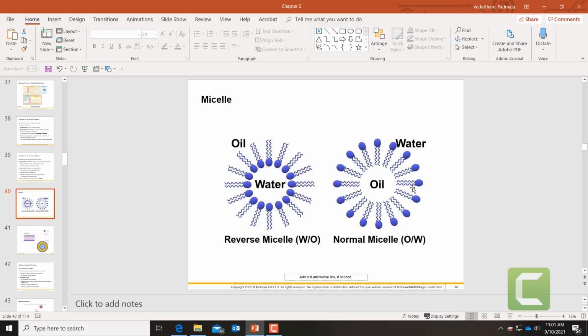These can orient themselves towards oil. If you have water outside, the phosphate heads are going to orient themselves towards the water, and the nonpolar tails are going to face the oil. This kind of structure, where it forms a bubble in water, is called a micelle.